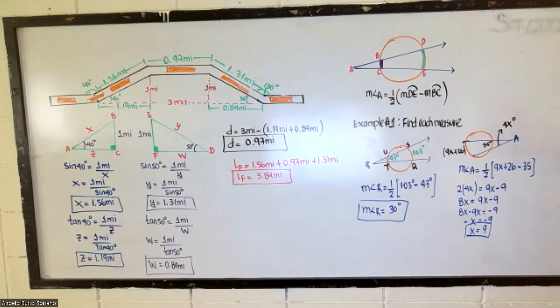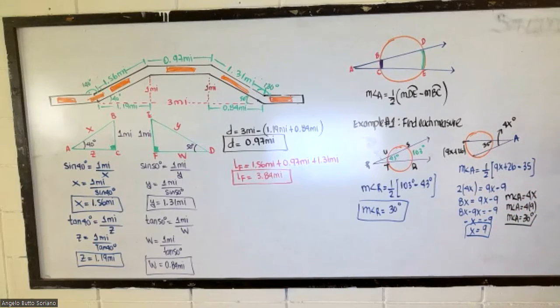But remember, the problem says find its measure. In this case, when it says its measure, we're talking about the exterior angle. So the measure of the angle A is 4 times X, right? And because X has a value of 9 units, 4 times 9 will be 36 degrees.